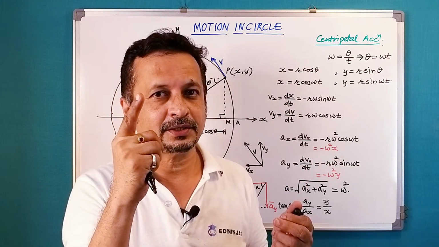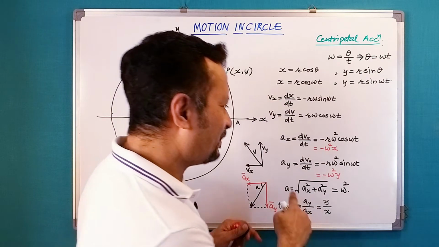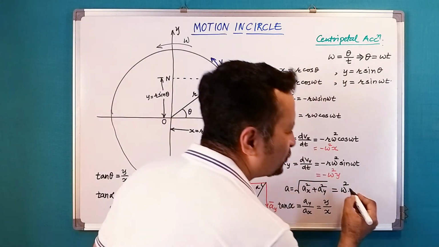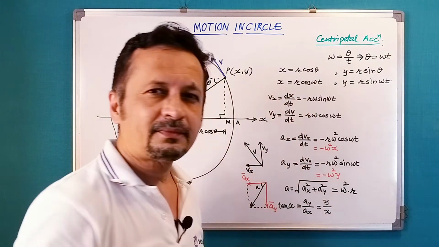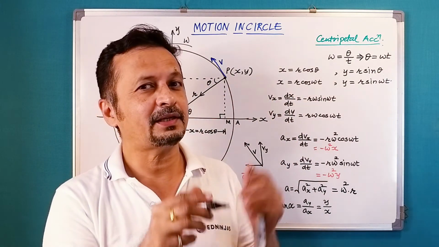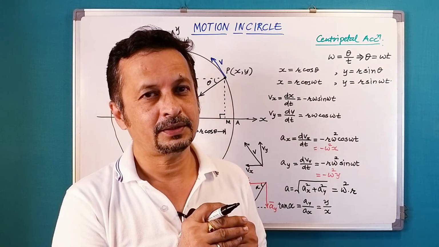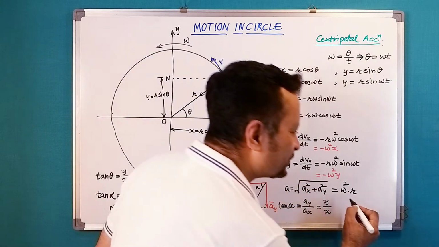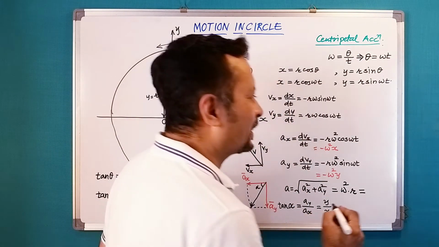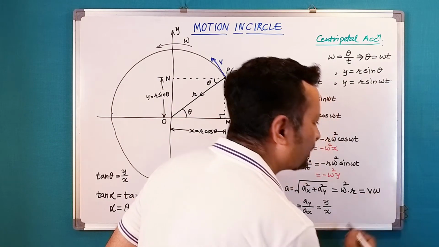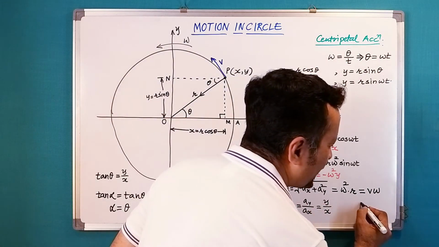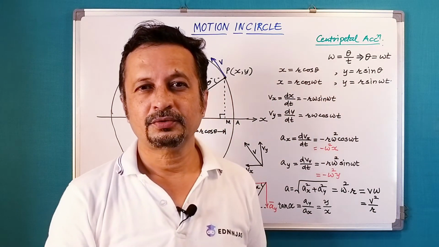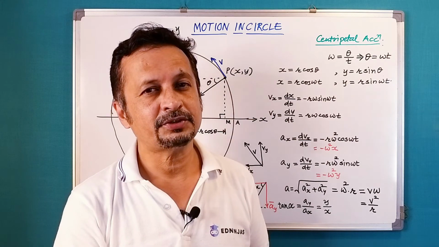We have that identity, right? So my acceleration, when I take it out of the square root sign, is going to be omega square r. Isn't it what we proved in the last video? Correct? My acceleration is equal to omega square r, or my acceleration can also be v omega. My acceleration can also be called v square upon r, right? So it proves that yes, this acceleration is center seeking.